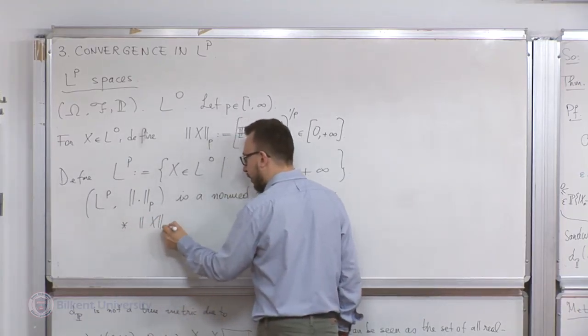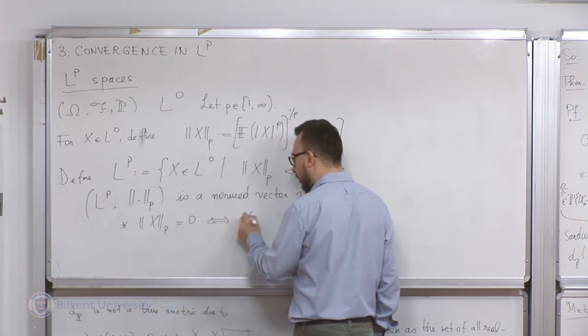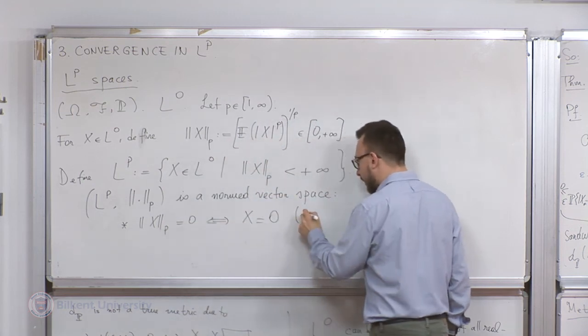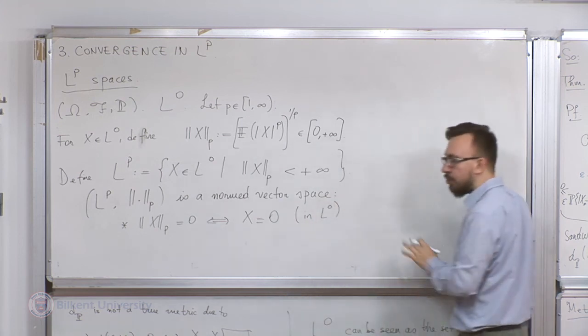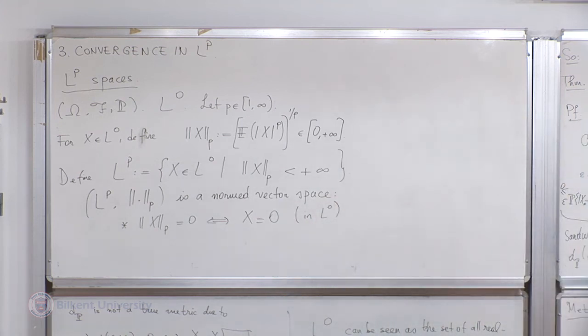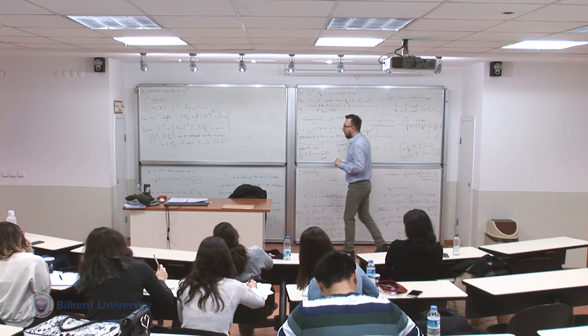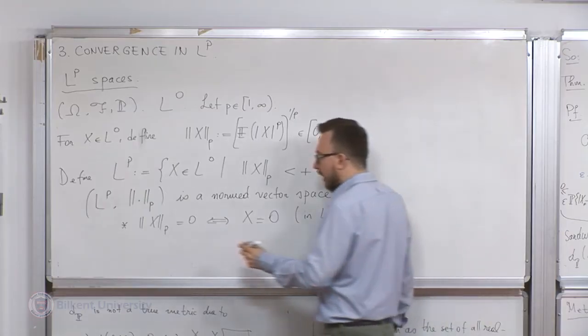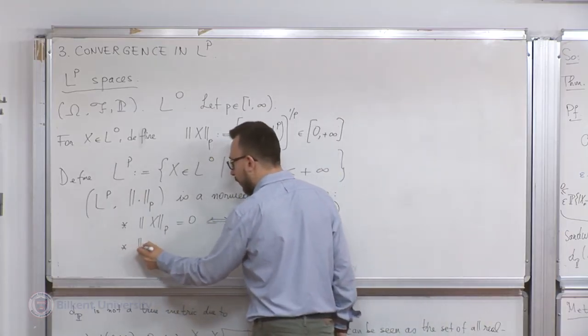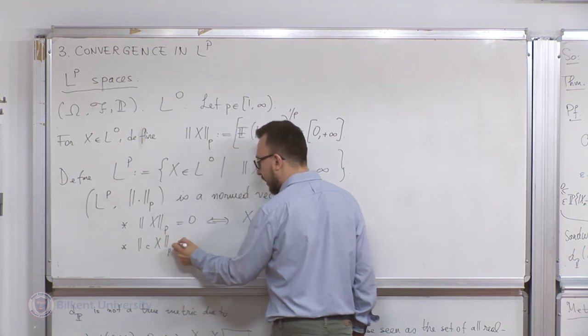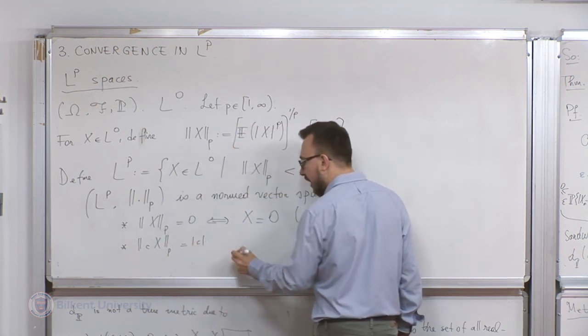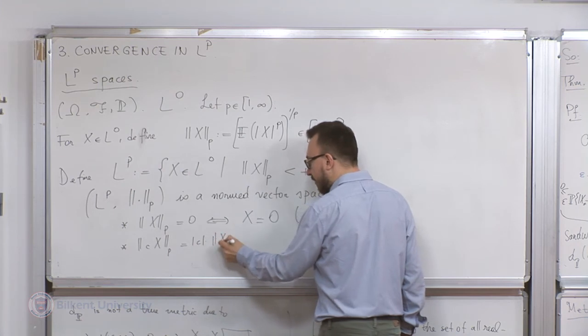The norm is 0 if and only if the function is 0, but it is in the L0 sense, so it is almost surely, it's fine. Now we have the L0 space, it's fine. Another one is the scaling of a norm, right? So if you look at a constant c times x, its pth norm should be the absolute value of c times the norm of x.